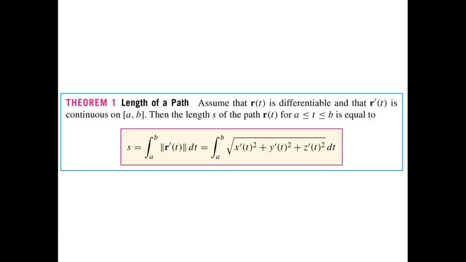okay, let's see. This is sort of a jump here. That's a pretty big jump. You really have to go back to 11.2 or wherever it was and follow the derivation, but this is what you came up with.